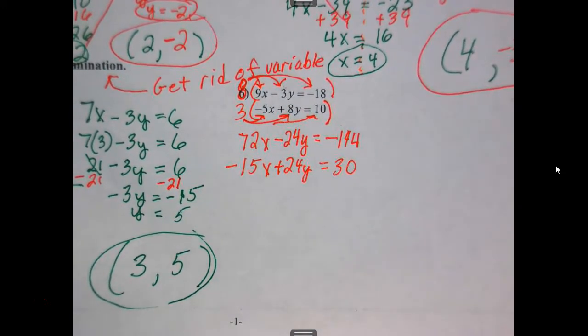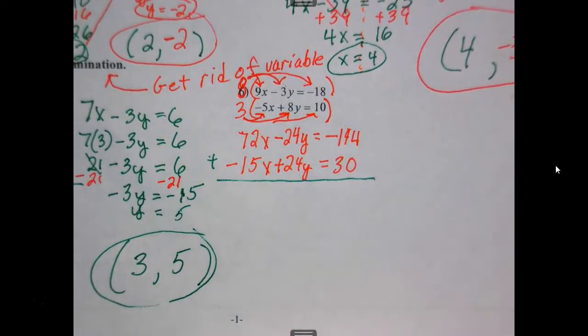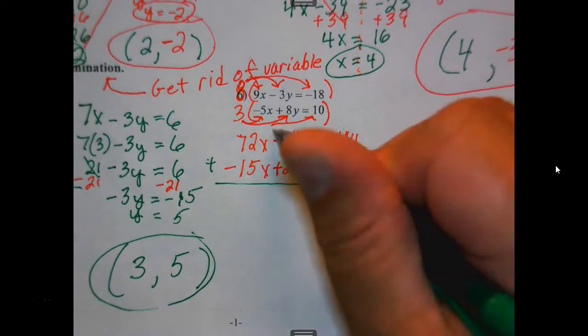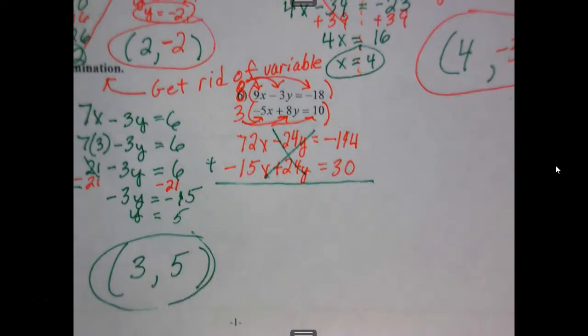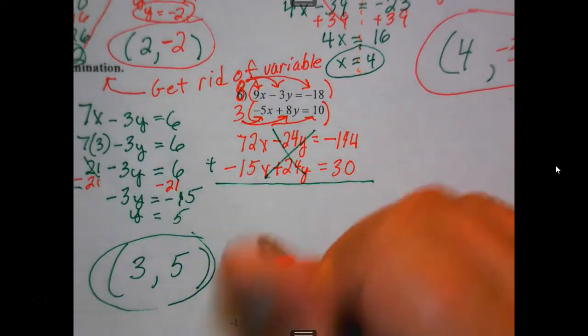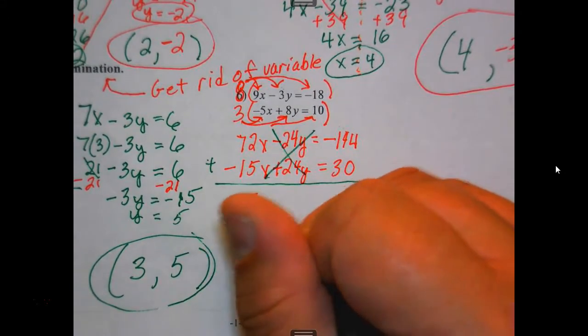Now, when you add these together, if you don't have a variable that gets eliminated, like Mr. D would want to do with some students, you did something wrong. 72x plus negative 15x. Let's see, 72 minus 15 is 57x.